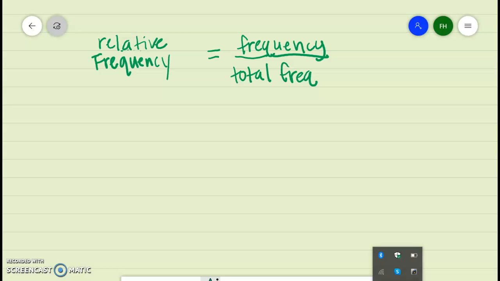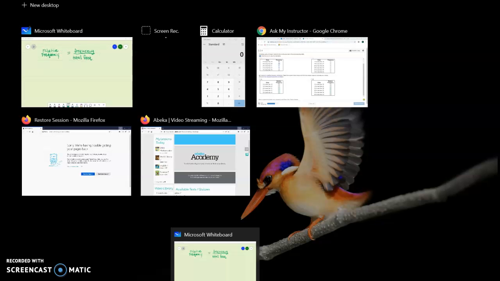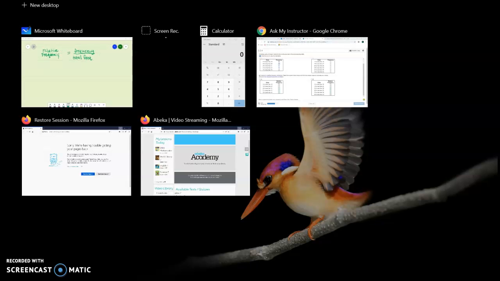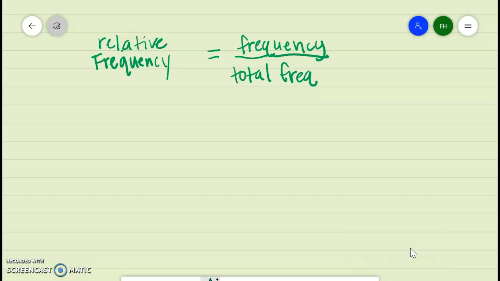So I believe for our first class, our frequency was 6. So we would do 6 divided by 30 for our first class.